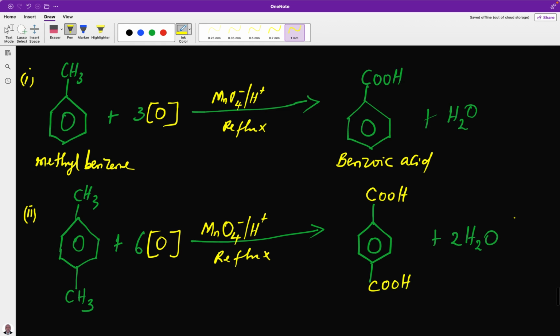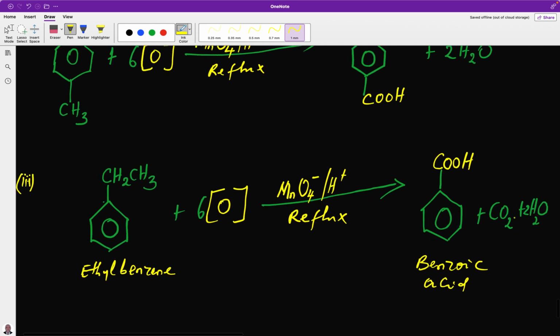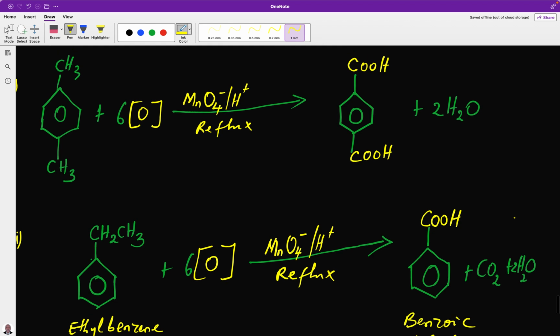If we now change the alkyl group from a methyl group to an ethyl group, now it's an ethylbenzene, and under the same reaction condition, we oxidize it. Only one of the carbons on the side chain will be oxidized to a carboxylic acid group.